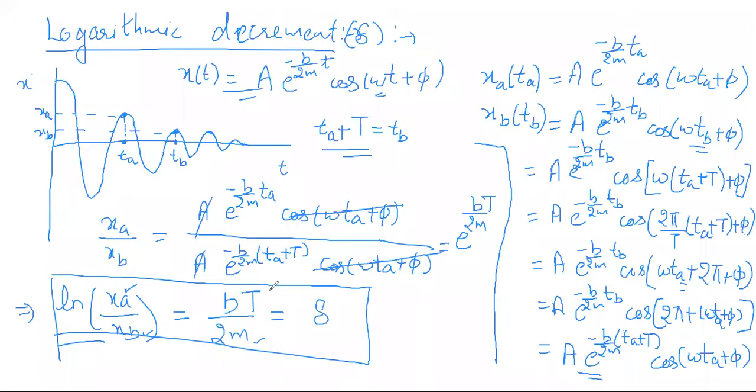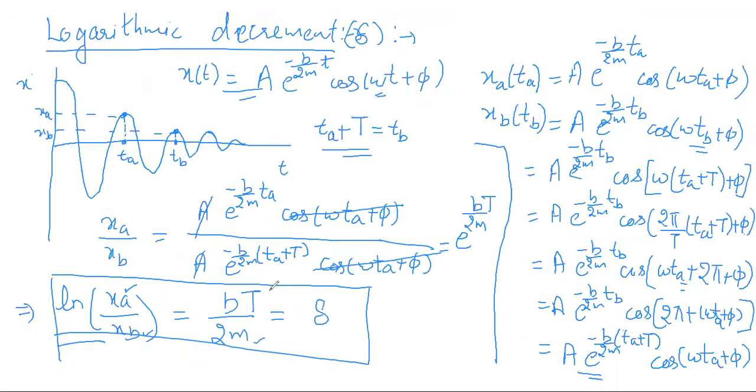It doesn't matter whether you have taken the first and second or the 10th and 11th. From here you can conclude that if you take any two consecutive cycles and take the natural logarithm of their ratio, that is a constant number.